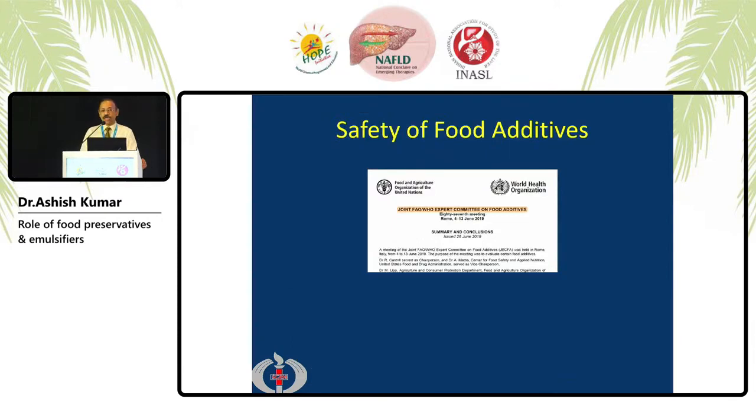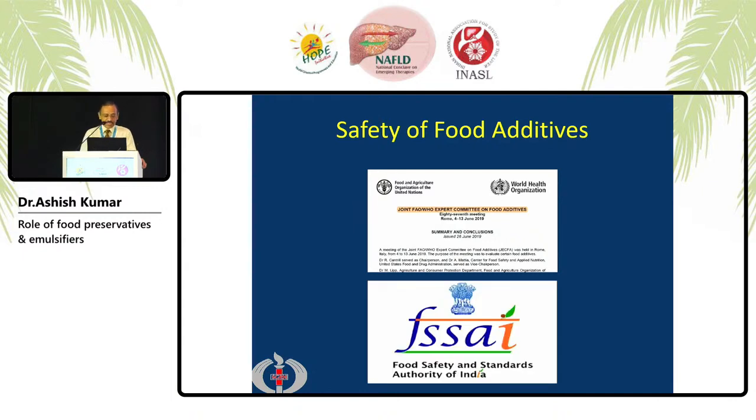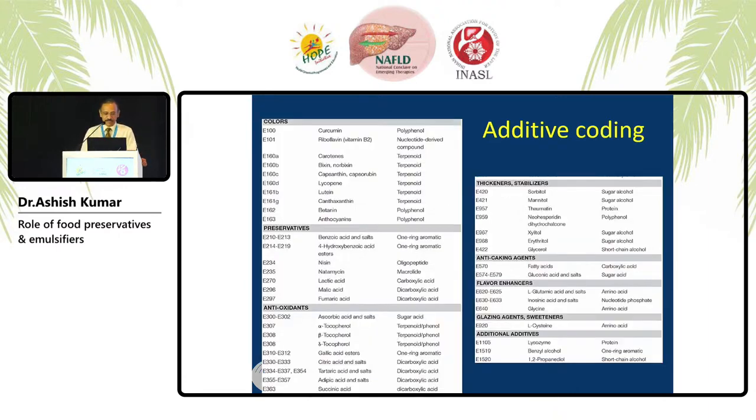The safety of food additives on international platforms is usually governed by a WHO mandated committee, which meets from time to time. They study various food additives, and they recommend whether they can be allowed, at what doses they can be allowed, and what cannot be allowed. A similar body exists in India, known as the Food Safety and Standards Authority of India, which also meets regularly, and they permit certain additives and ban certain additives.